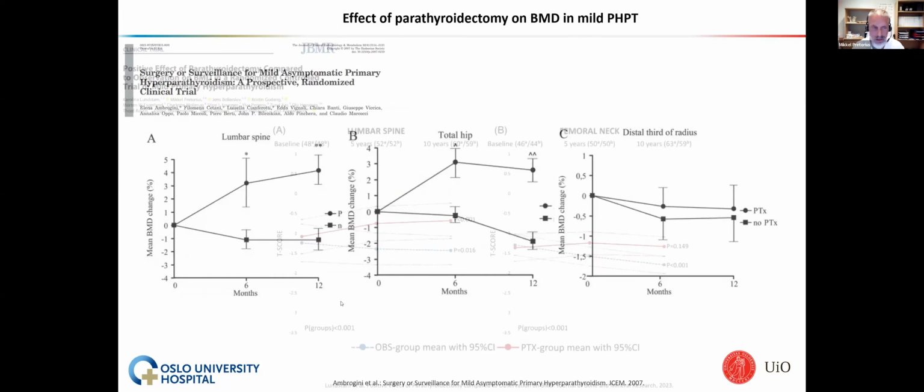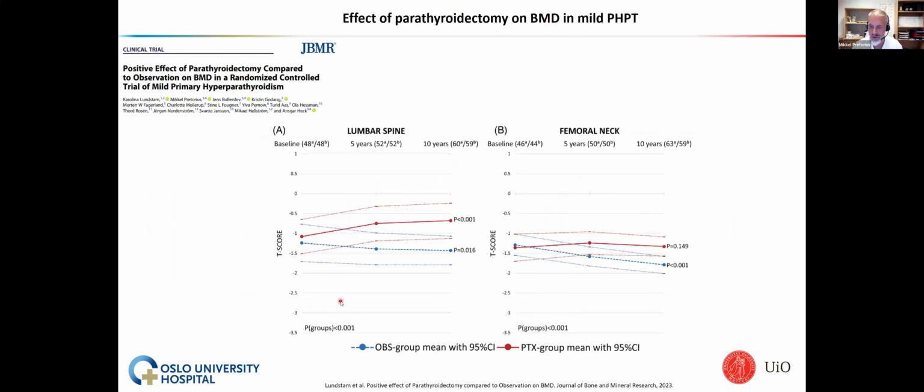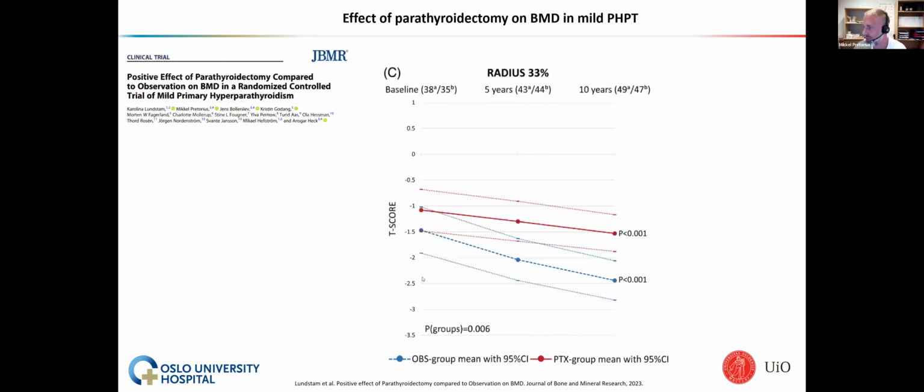And last year, Carolina Lundstam published the SIP results, which showed the same, that there is a femoral neck. And also, for the first time, they showed that there was an improvement in distal third of radius, so that there is a treatment effect also here.